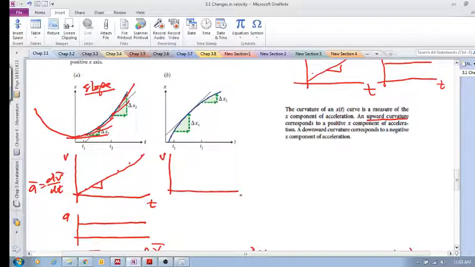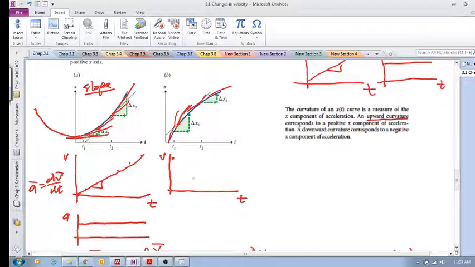Okay, so my velocity time, what's happening right there? What's the slope? The slope is very positive. So we start at a high value of velocity, relatively. And then we just draw tangent lines. As time goes on, we see that the slope is still positive, but less positive than that one.